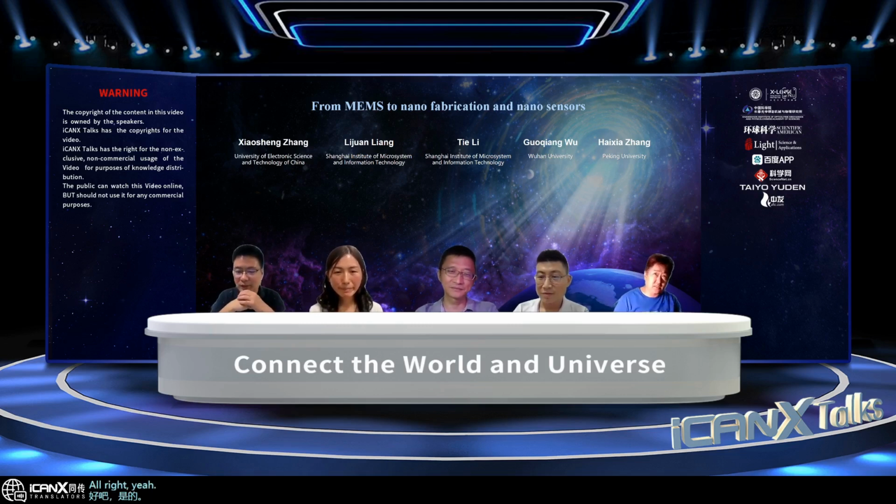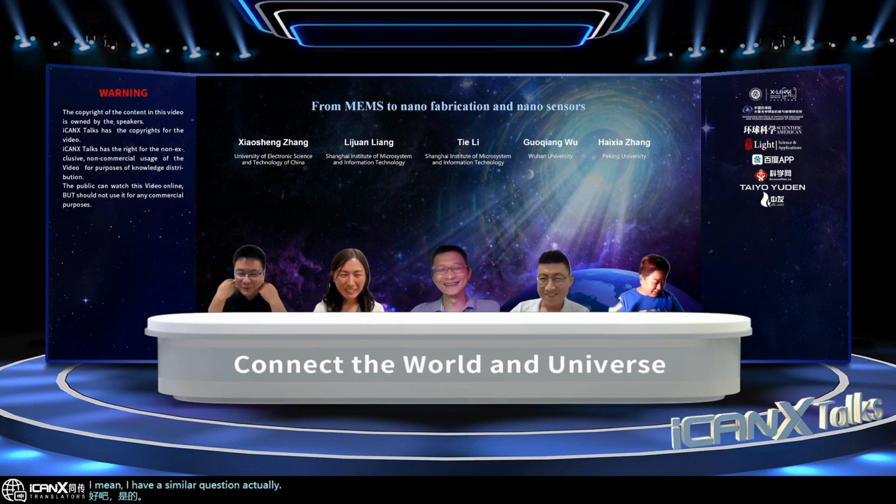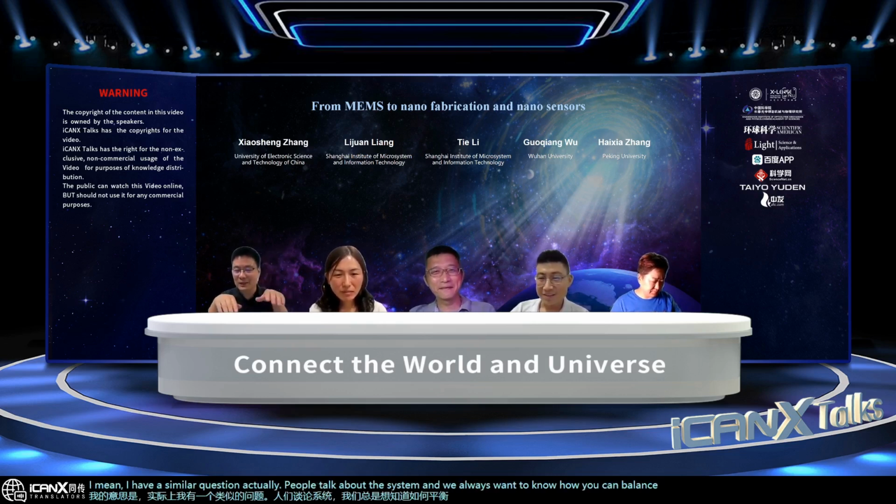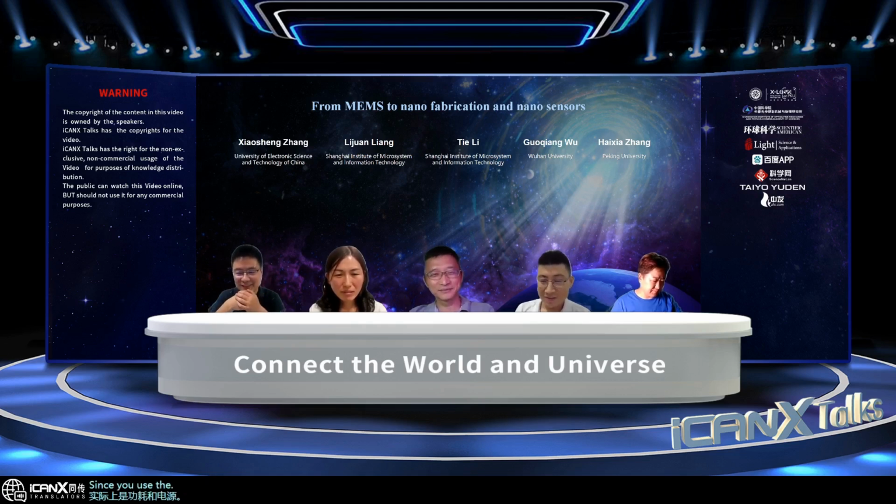Xiaosheng, please. I have a similar question, because people talk about systems, and we always want to know how you can balance the power consumption and the power supply. Since you use the solar panel, and if you consider the water waves, the situation is very complex.